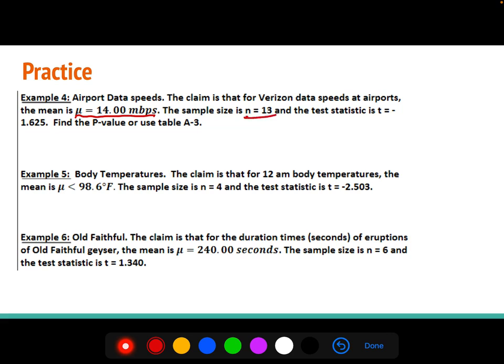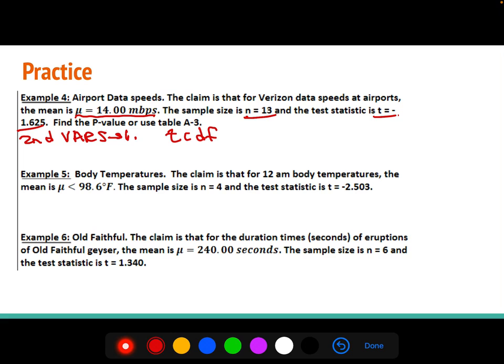All right, airport data speeds. Let's see what we know. We know the mean, we know the sample size, and we know the test statistic. It wants the p-value. Using the calculator, it's second vars and number 6.